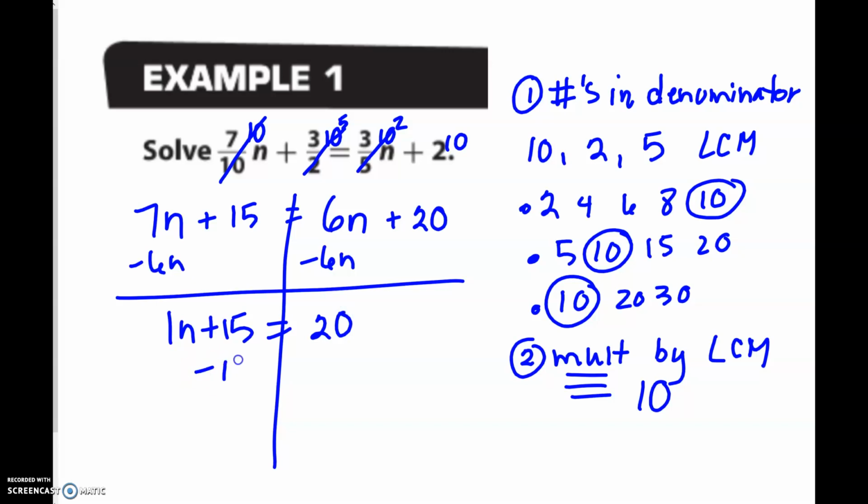Now I'm going to subtract 15, so n equals 20 minus 15, which is 5. This whole lesson, we're going to work on getting rid of the fractions and then just solving for n.